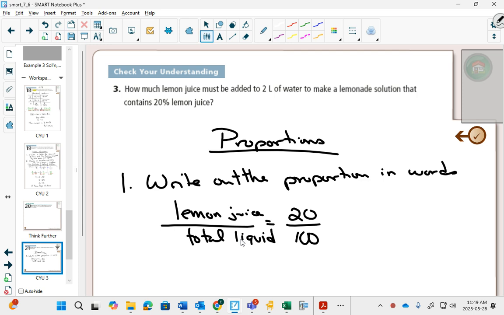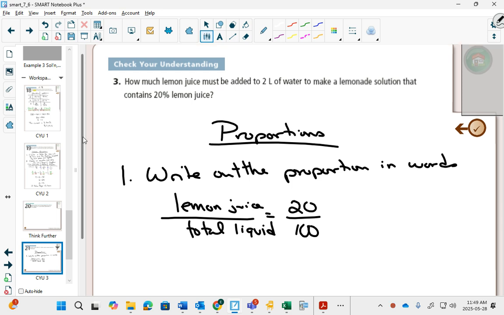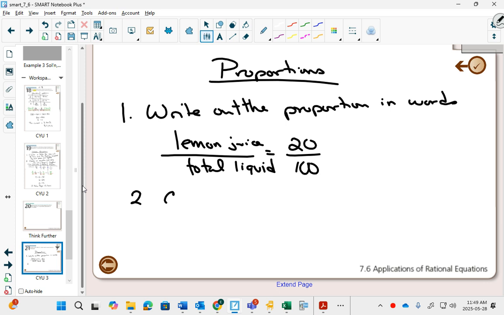And if you want 20% lemon juice, you can't just figure out 20% of the water, because as we write this out, we're going to choose a variable and write the equation.